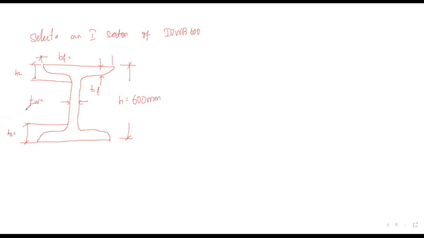This distance we have to calculate now. Along with that, we have to go for the IXX value and the ZXX value. So ZXX is 3854.2 into 10 to the power 3 mm cube, from the steel handbook.